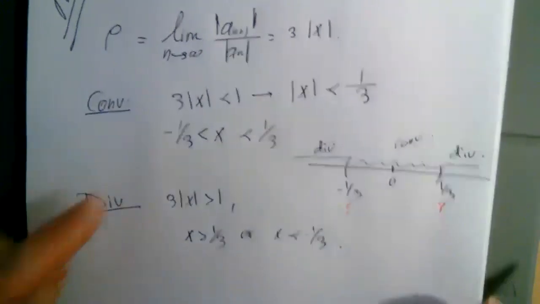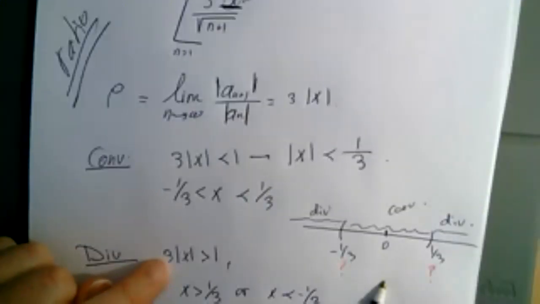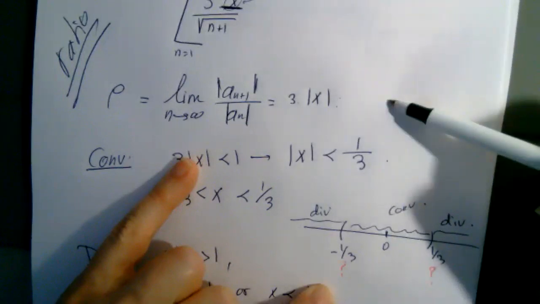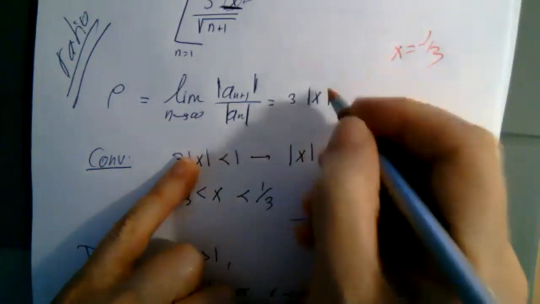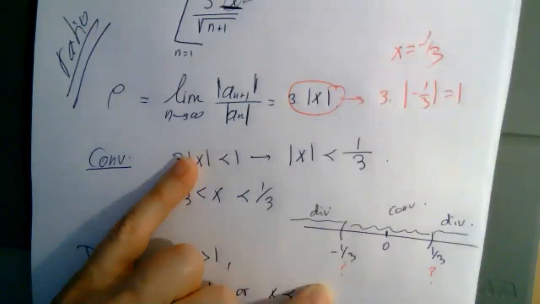Remember, and that's important, at the endpoint, if x equals minus a third, the ratio will be 1. Let me plug it back here. If I put x equal to minus a third, this ratio is going to give me 3 times minus a third, which equals 1 in absolute value.